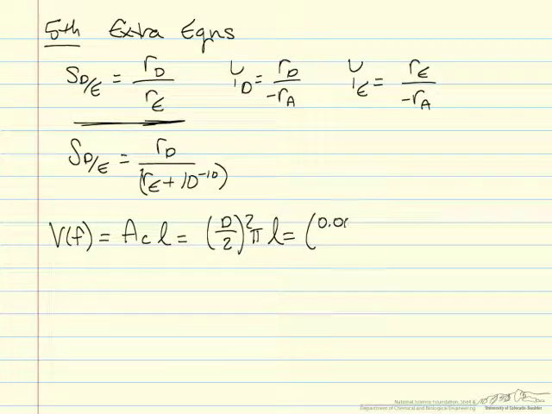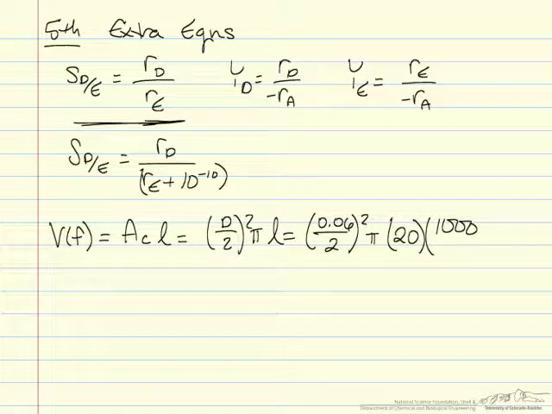So that's going to be, it was 6 centimeters, which I just converted to meters here, squared times pi, and then our reactor length was 20 meters, and then we can do the conversion factor of 1,000 liters per 1 cubic meter. And so then our total volume that we need to integrate to is 56.52 liters. So now we can plug all of this information in to polymath and solve.